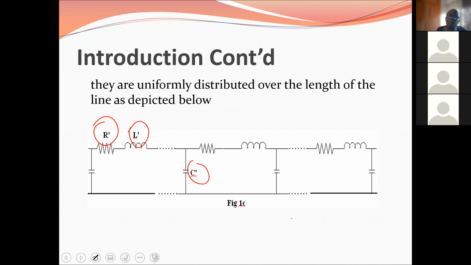So the question is, how do these distributed parameters help us in terms of analyzing what happens when we energize a power line? All right? And that's what we're going to be focusing on this afternoon.